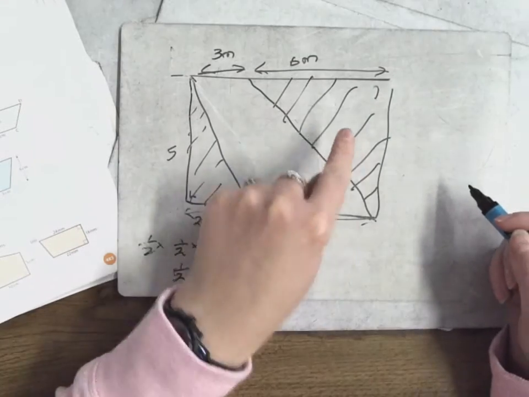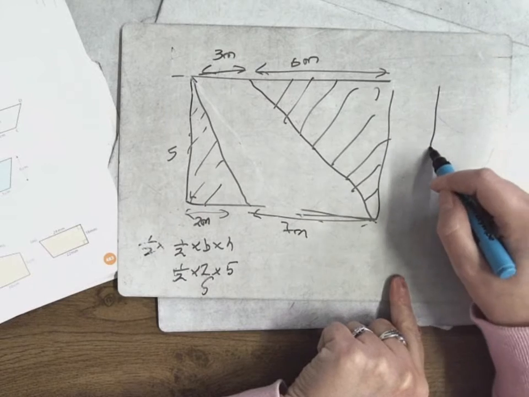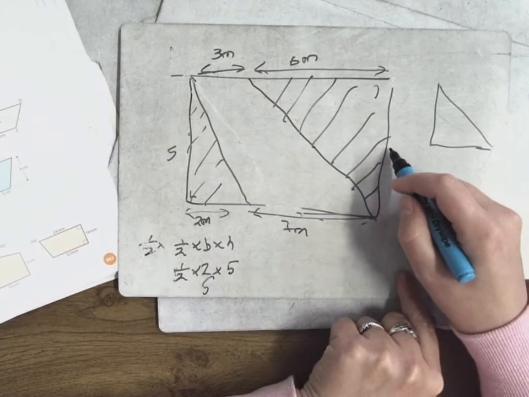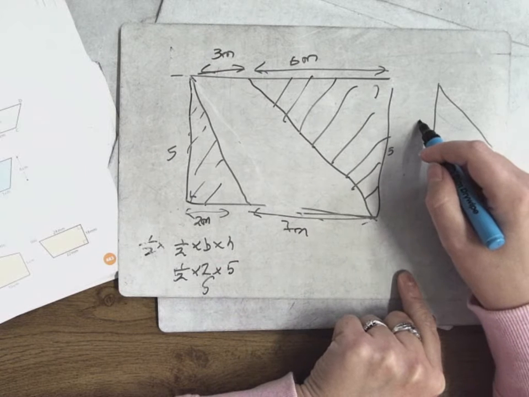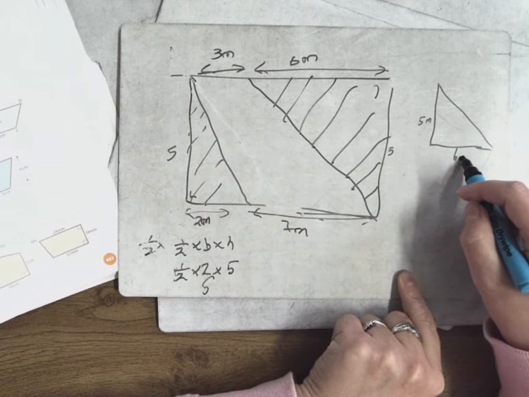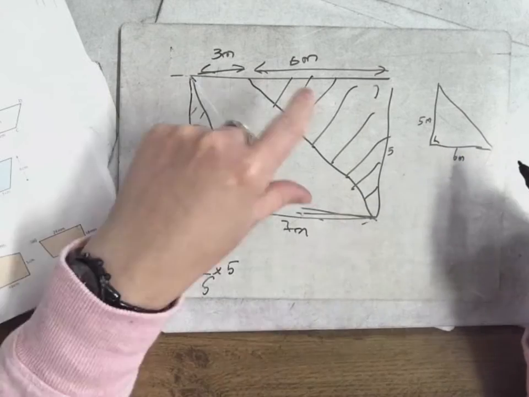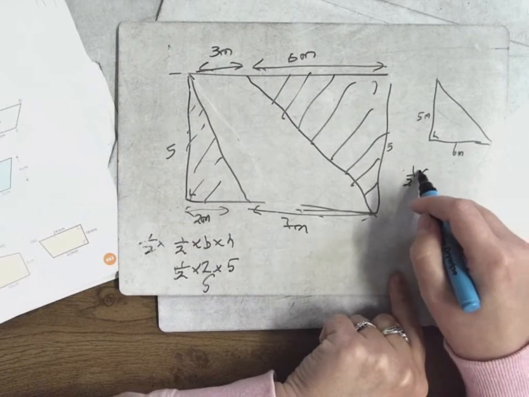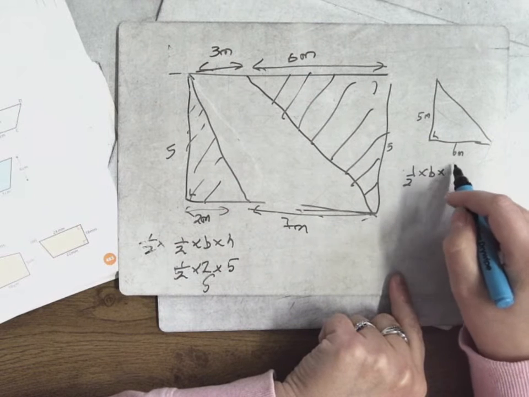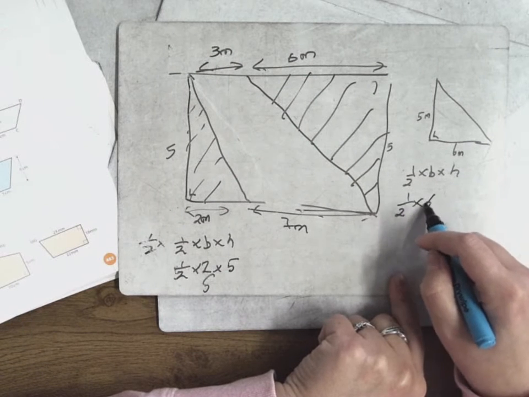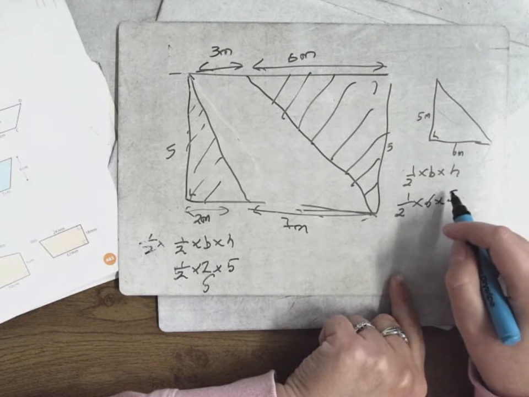Now this triangle is upside down, so I'm just going to turn it up the right way. So the height of this is also 5 meters. The bottom here is 6 meters, isn't it? So a half multiplied by the base multiplied by the height is a half multiplied by 6 multiplied by 5, which is 15.